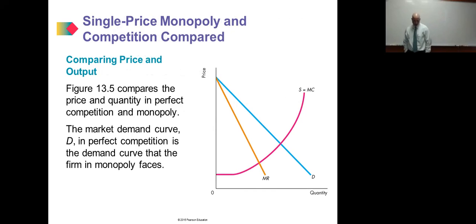So here, let's look at price and quantity from a perfect competition economy and a monopoly. Here's our demand curve. So in perfect competition, as price decreases, what happens to quantity?